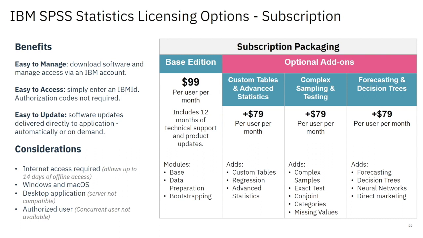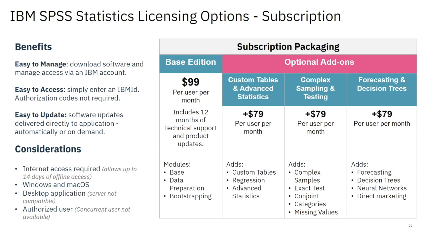It works both on Mac OS and Windows, and I think Lee mentioned that before. Statistics Subscription also only comes as a desktop application, so there is no server component, which means that if you wish to scale up and leverage the computing power of a server, this model won't work, right? SPSS Subscription is also an authorized user license, or a named user license as we call it, and it does not offer a concurrent option.